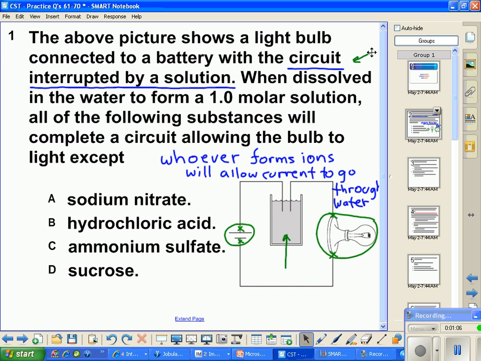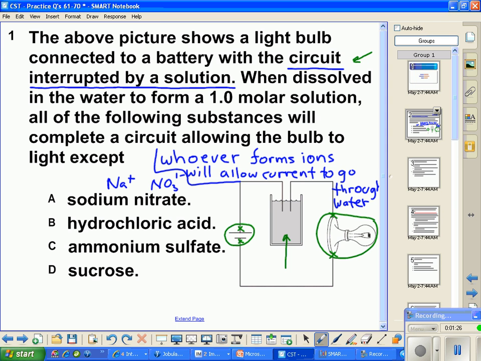So, what is going to form ions that would cause this light to go on? Sodium nitrate is sodium ions and nitrate ions. So those guys are going to be able to conduct electricity.